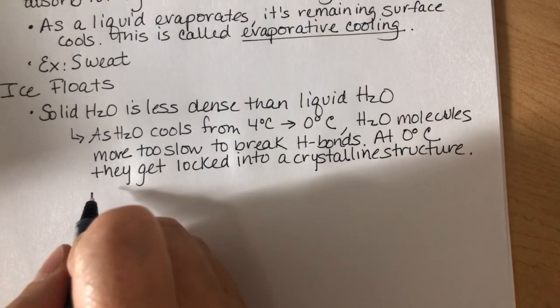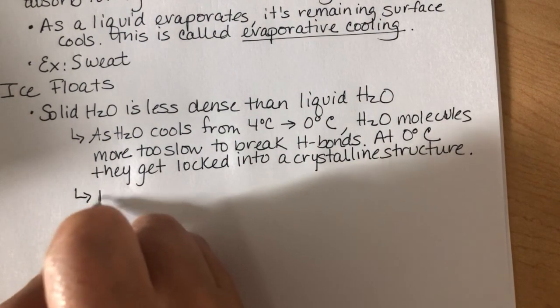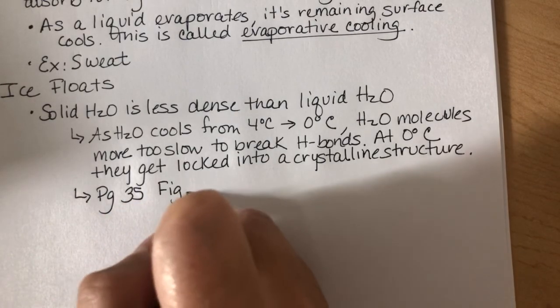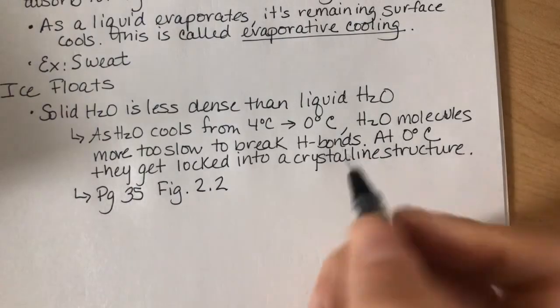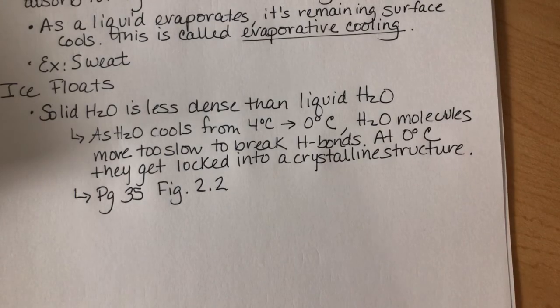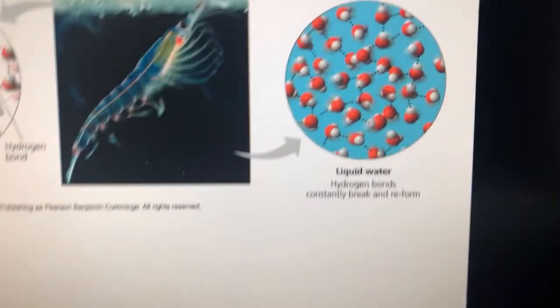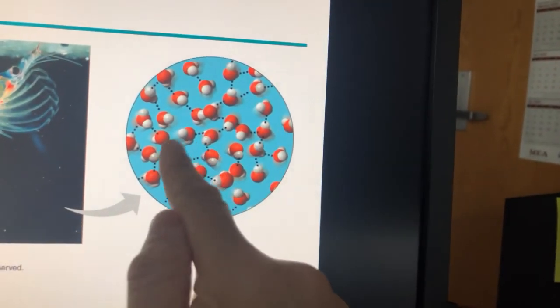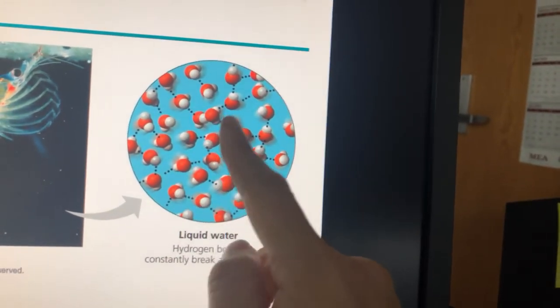I'm going to have you refer to page 35 in your textbook, figure 2.2. Let me display that for you. Over here is liquid water, and you can see the water molecules are closer together.